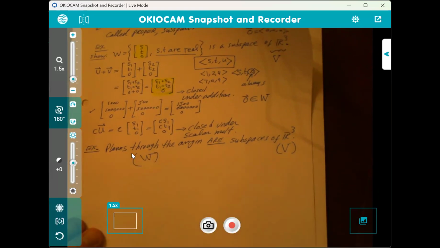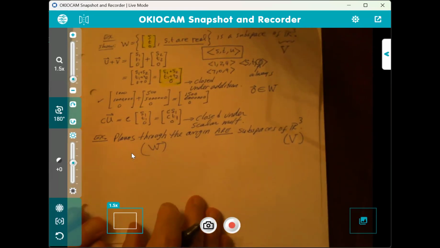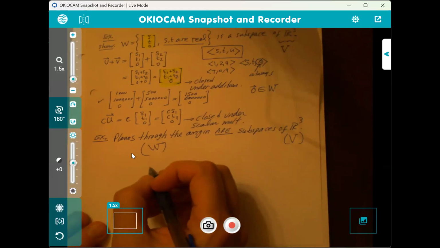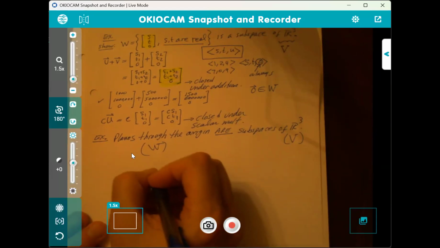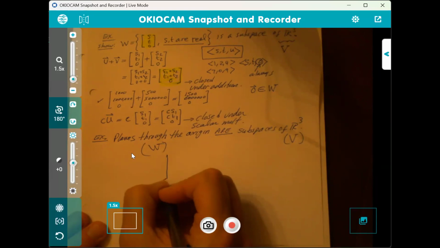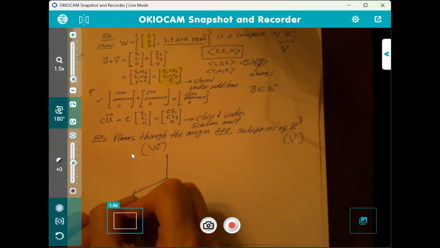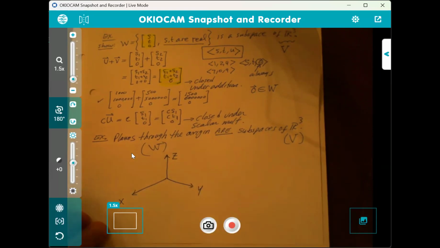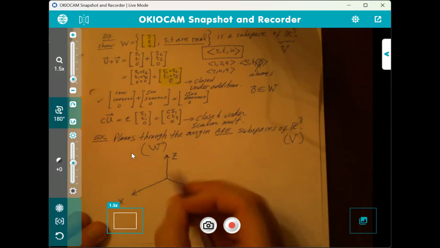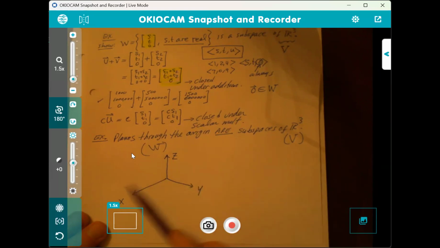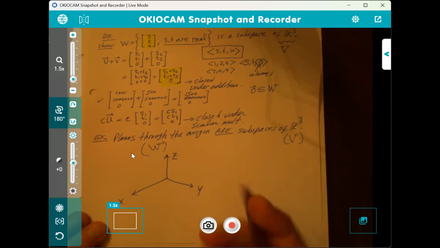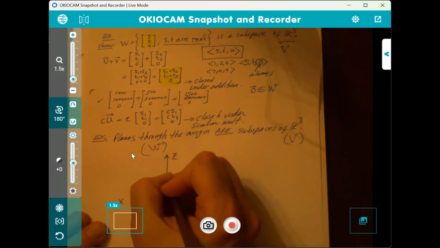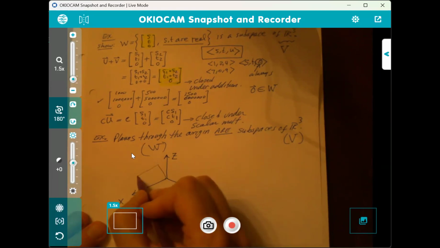Here's your W. Now, if I look at the geometry of this, let's say here I have my X, Y, Z coordinate system. And I'm looking at the planes through the origin. Now remember, these planes go infinitely in all directions, right? So I'm just looking at a portion of a plane that runs through the origin.